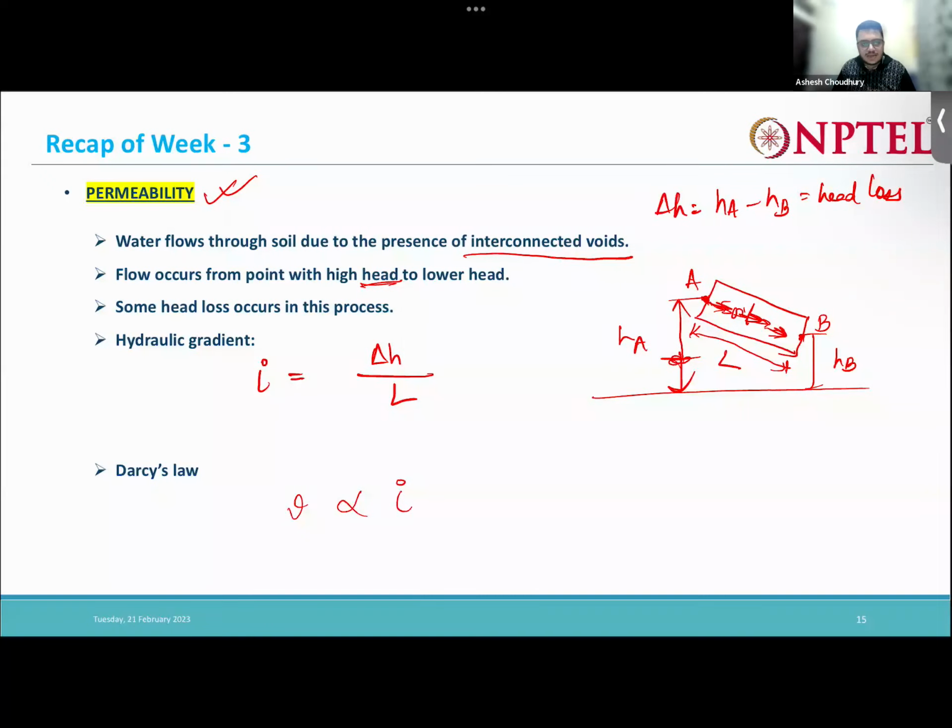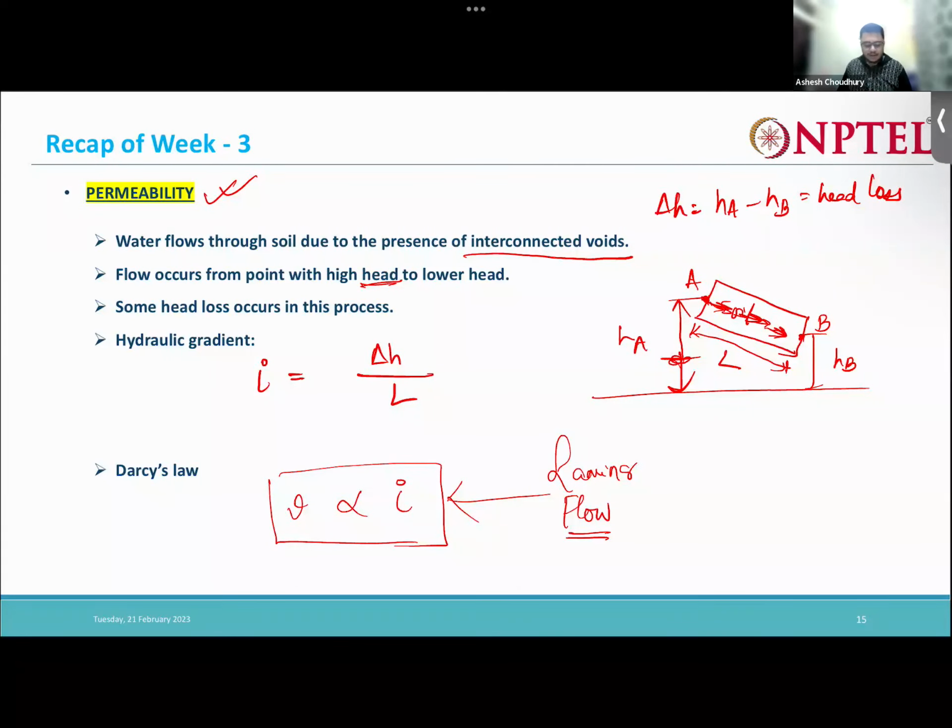Due to this head loss there is a hydraulic gradient, given by delta H by the length. As water flows along this length, there is some velocity of water, and this velocity is proportional to the hydraulic gradient. This is given by Darcy. The main thing to note here is that this relation is only valid for laminar flow, that is, when the flow is laminar.